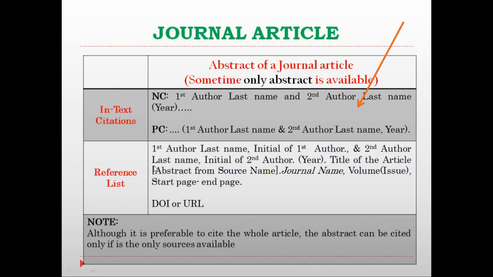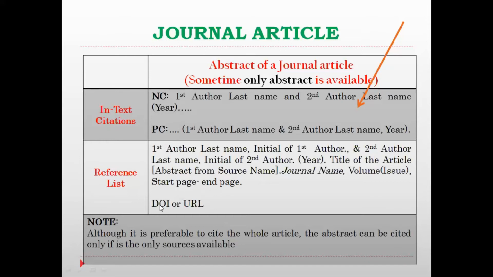But here within square brackets, you have to write Abstract from, and the source name. You have to fill in from where, the source from which you cite the work. So you insert Abstract from, and the journal name in italics, followed by the volume, the issue, start page, and end page.